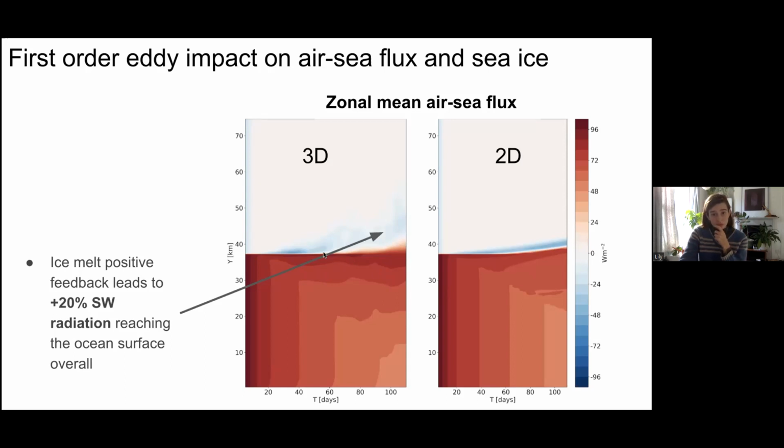And in addition, the blue flux, which is associated with melting in the northern region, is more widespread in the 3D model, and this leads to overall 20% more shortwave radiation reaching the ice-covered ocean compared to with no eddies.